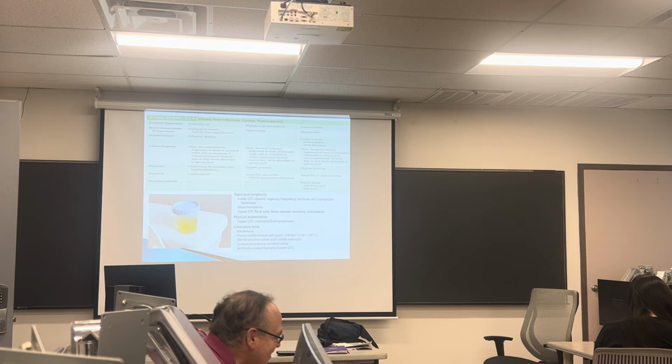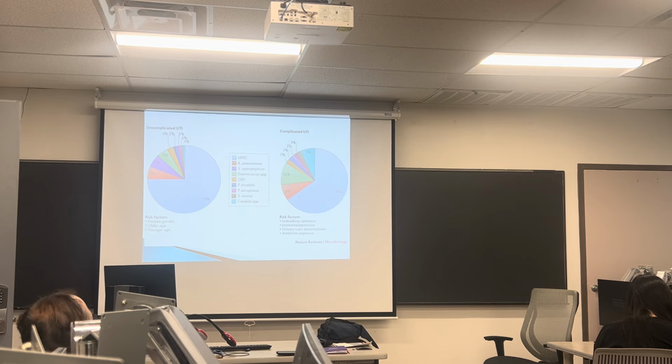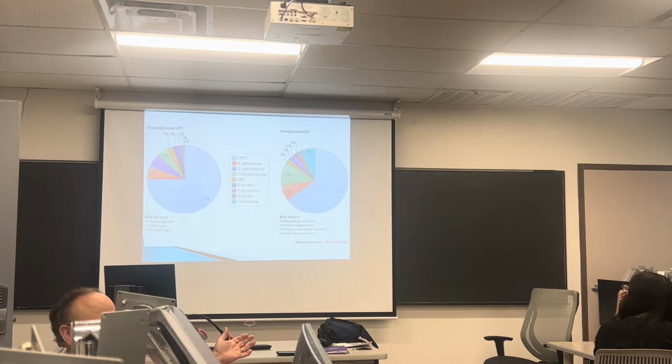Yes. Okay. Anybody have any questions about urinary tract infections? There's another, if we think about this, so this is uncomplicated and complicated. This is out of Nature Reviews. And so you can see that this is the urinary tract infection for healthy individuals. He just got unlucky, right, for whatever reason.